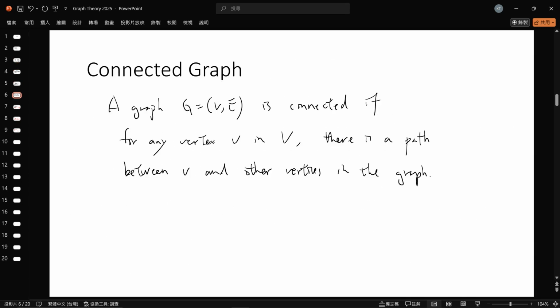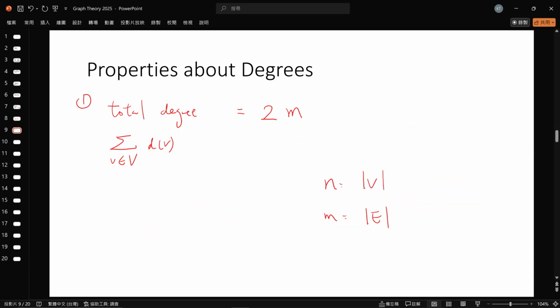Every edge contributes 2 degrees, so this is why the equation holds. We have 2 different ways of computing the same number, so these 2 numbers must be the same.